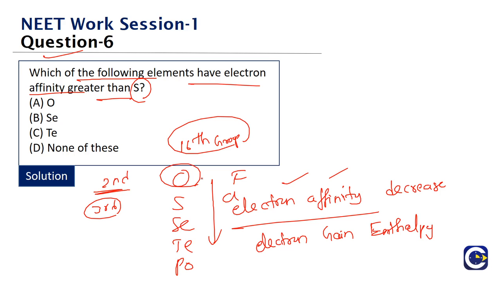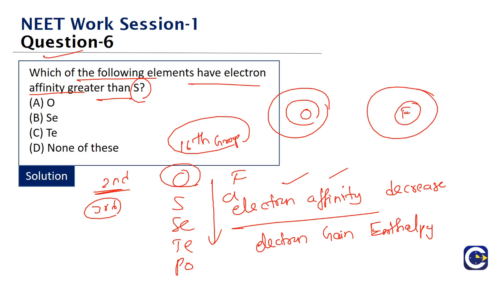But oxygen and fluorine have just two shells, so the outermost shell is the second shell. In oxygen, the second shell is filled with 6 electrons; in fluorine, with 7 electrons.